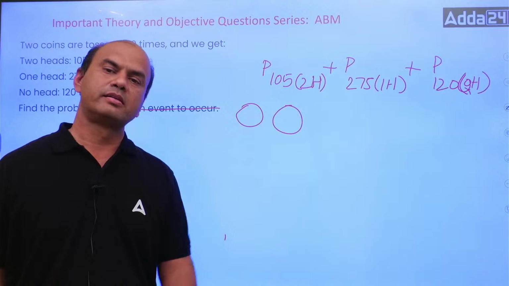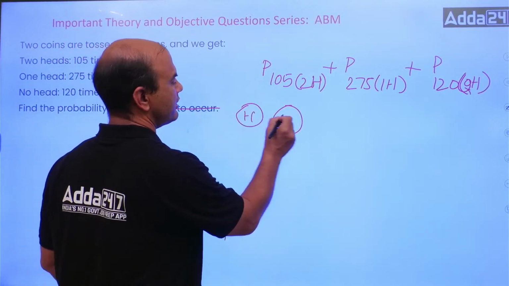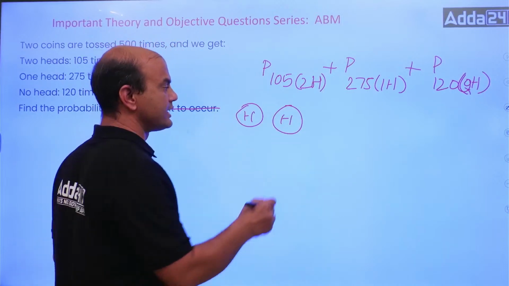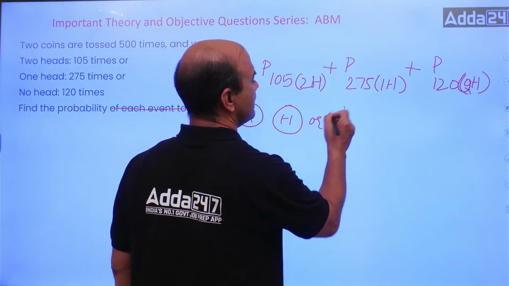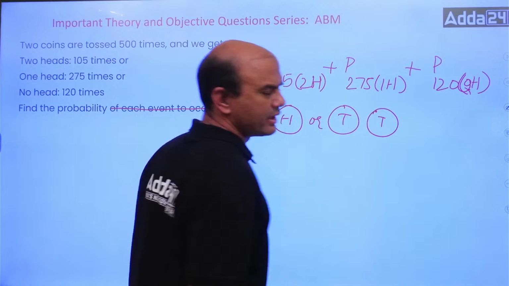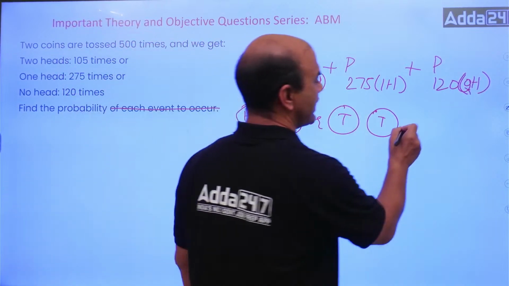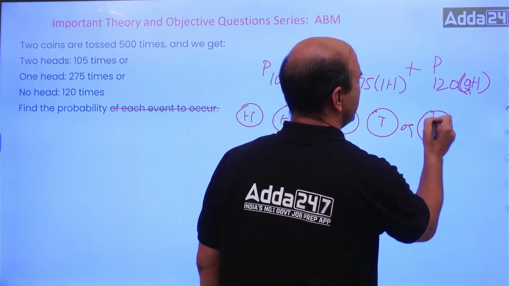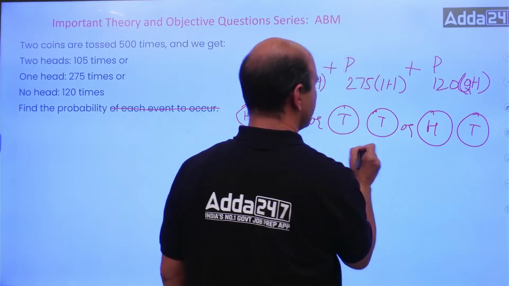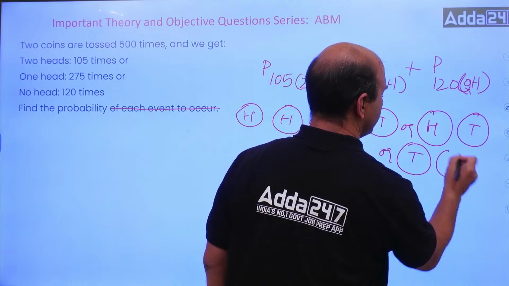What can I get? I can get either head, or second, I can get tail. Or I can get head and tail, or tail and head.